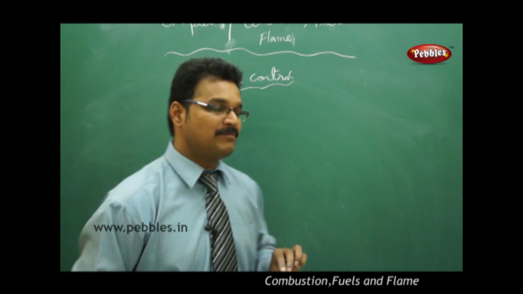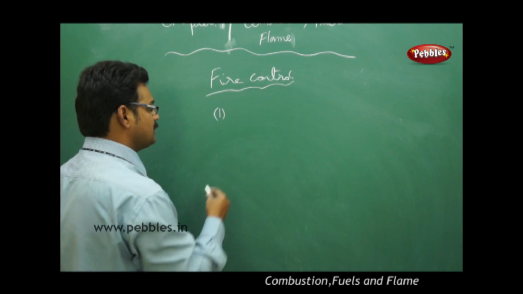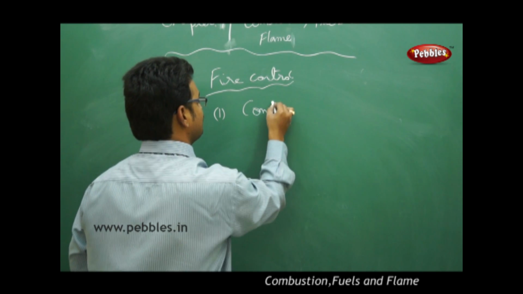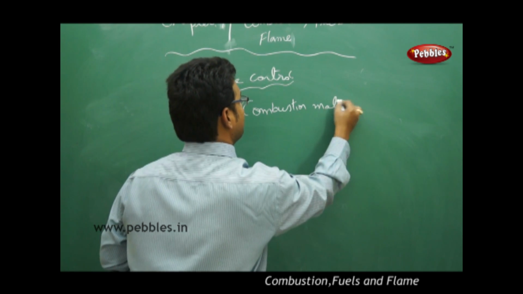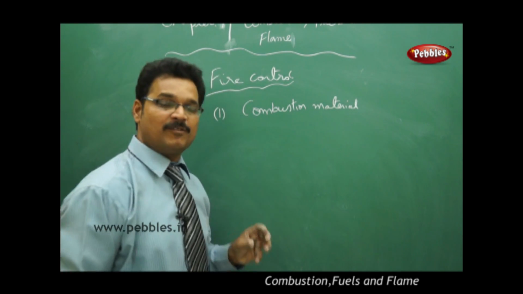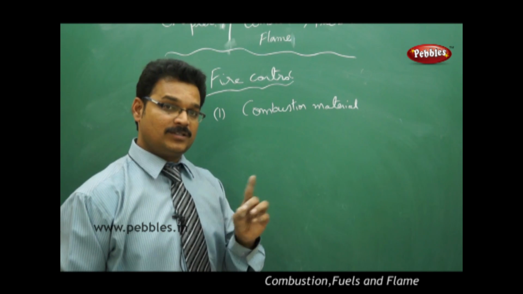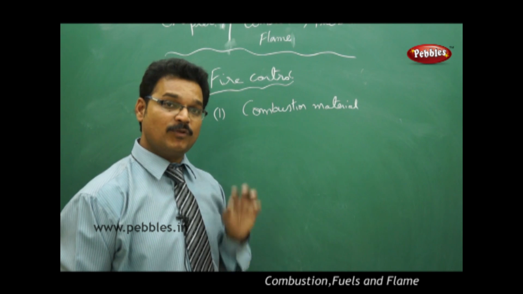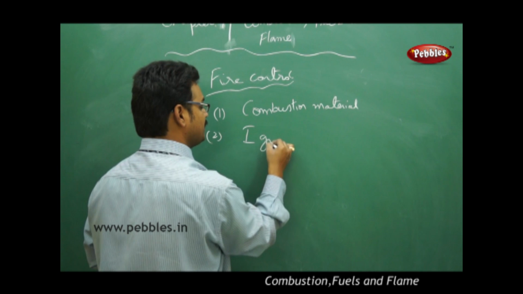The main factors behind catching a fire: first, the combustion material. If that material is favorable to the fire, then the material should be moved away from the place. Second, ignition temperature.